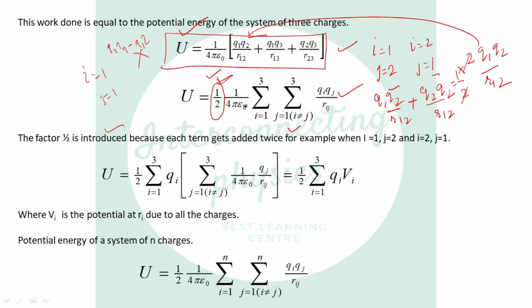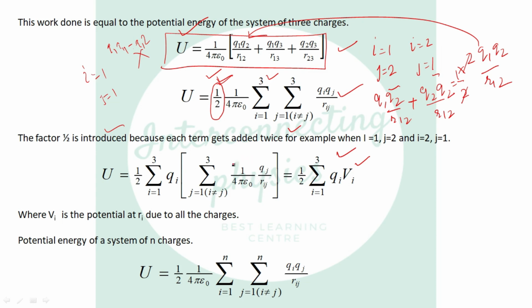Okay, and this relation can also be asked in this way, that is total potential energy in bringing the three charges will be 1 over 2 Qi into Vi. This can be written, take out half, take out summation i, take out Qi, and then summation j equal to 1 to 3, 1 over 4 pi epsilon naught, Qj over Rij.